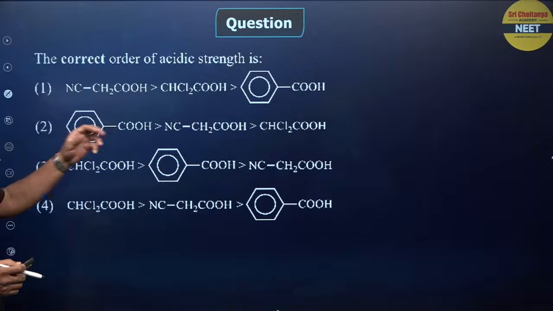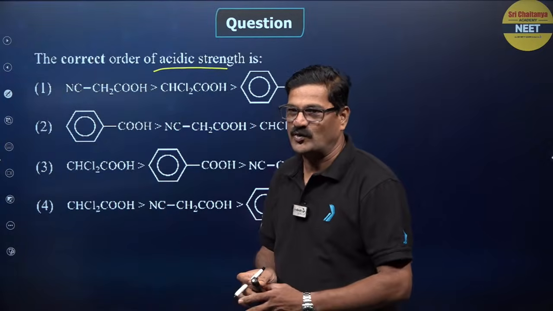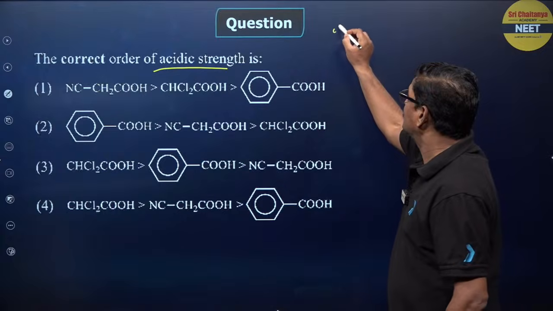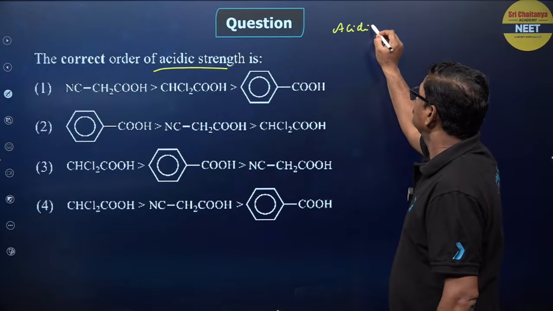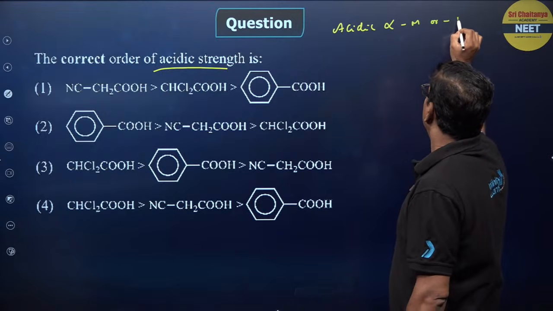The correct order of acidic strength is? What is the correct order of acidic strength? Acidic strength is directly proportional to negative mesomeric effect or negative inductive effect.